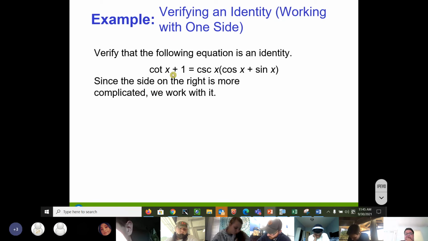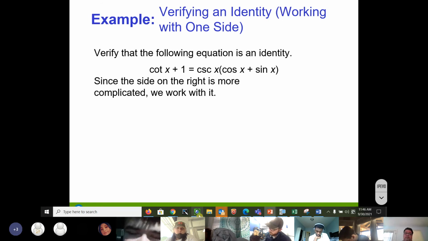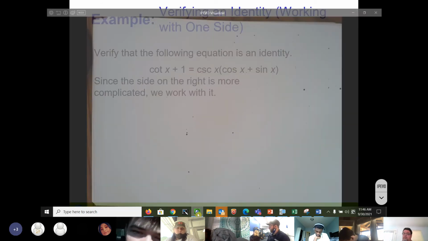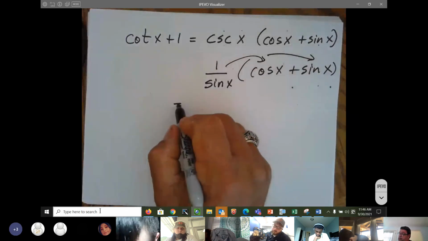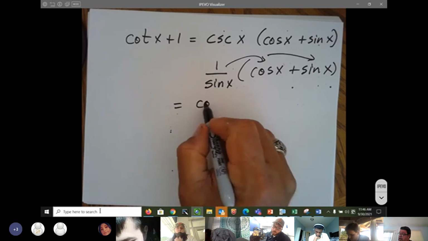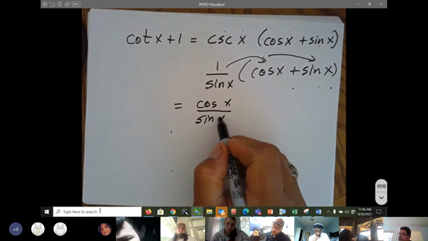Let's see, that cosecant. I believe cosecant is 1 over sine, isn't it? Yes. Distribute. That's going to be cosine of x over sine of x.